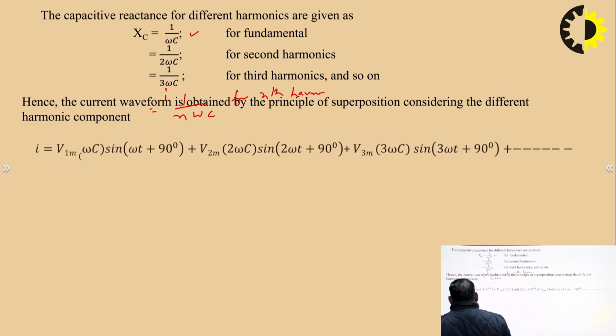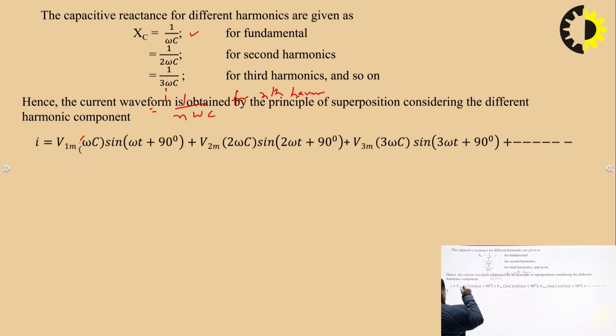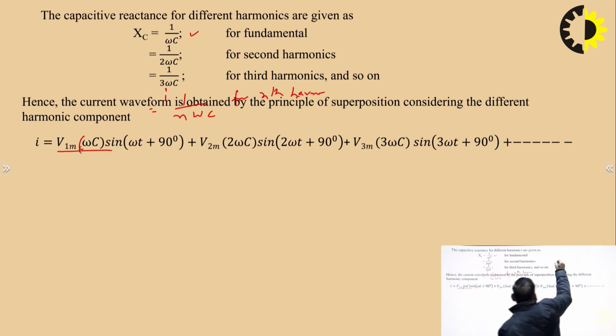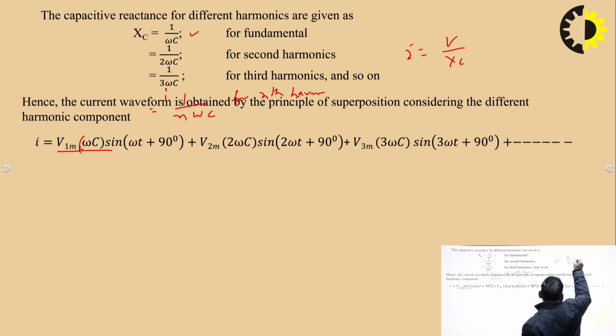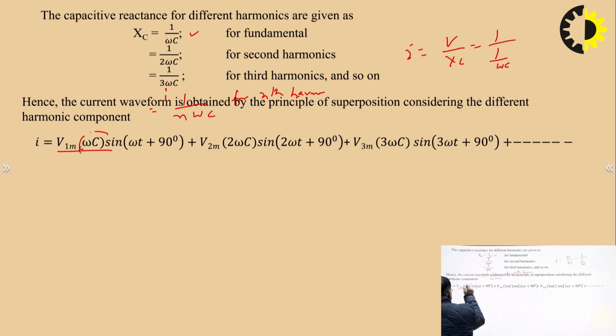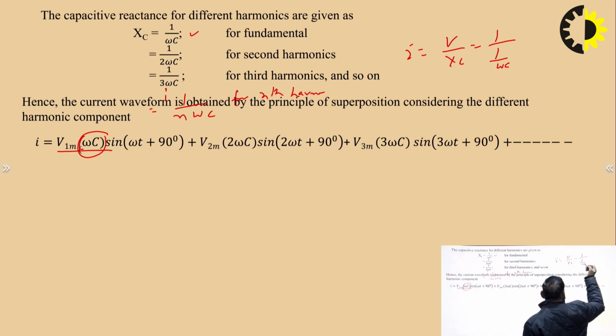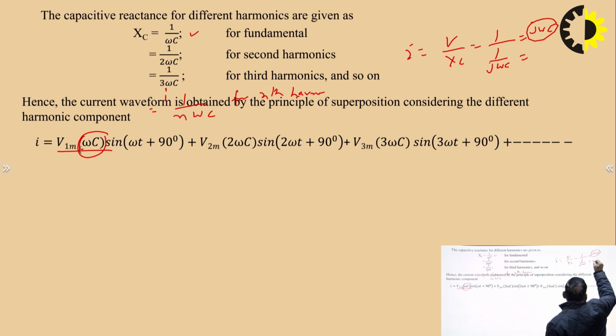So the same thing, we can get the current. I is equal to V upon Xc, so V upon 1 by omega C. So this omega C is coming in the numerator, and this j, so j omega C can be written as omega C angle 90 degree.